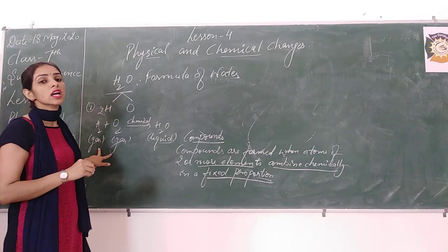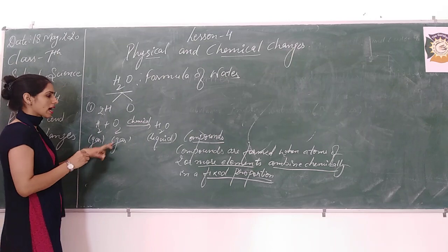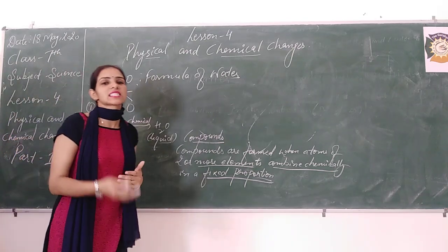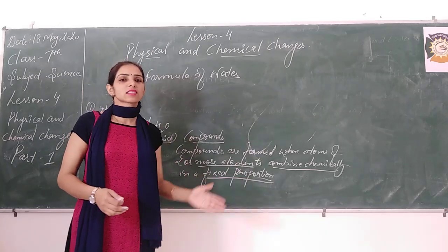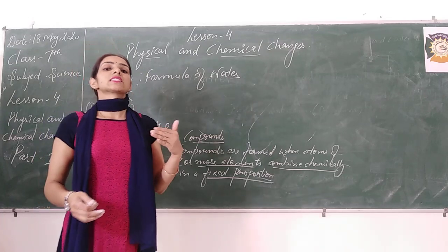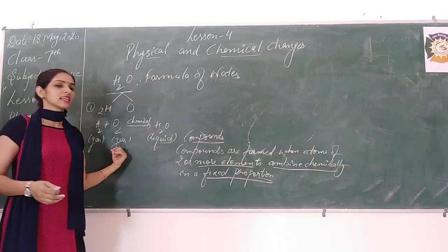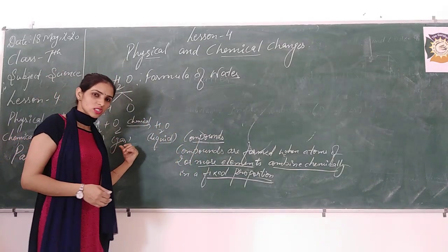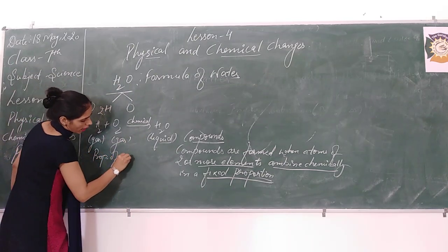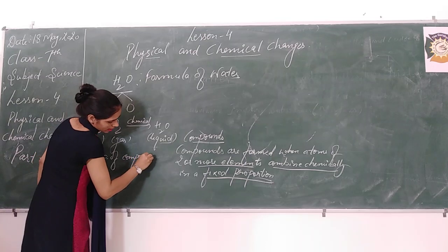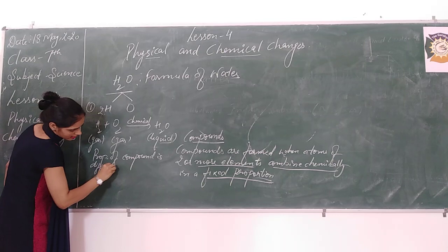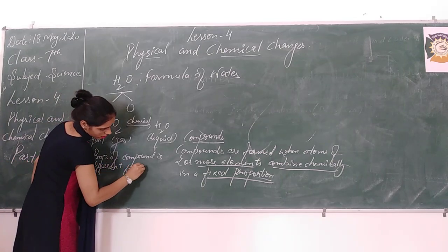That is a property of compounds, because they combine chemically, and you know very well, in a chemical change some new substances form, and the properties of that new substance are different from its constituents, right? So we will say the properties of a compound are different from its constituents.